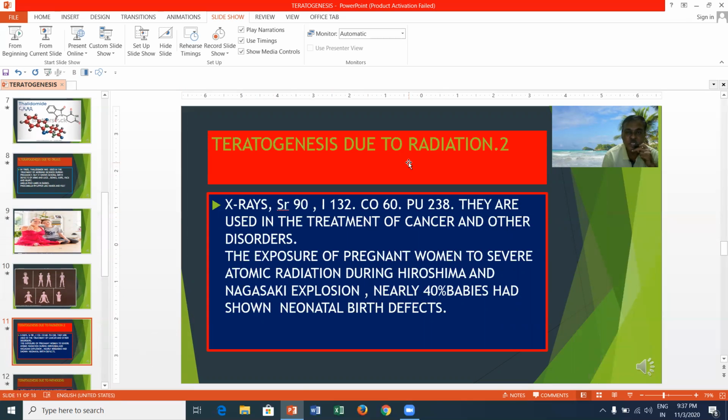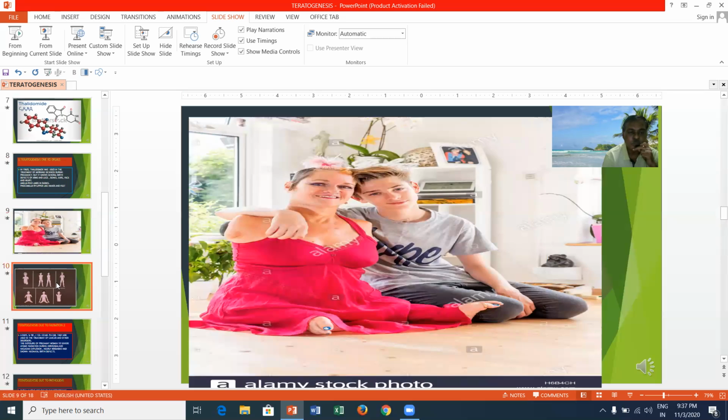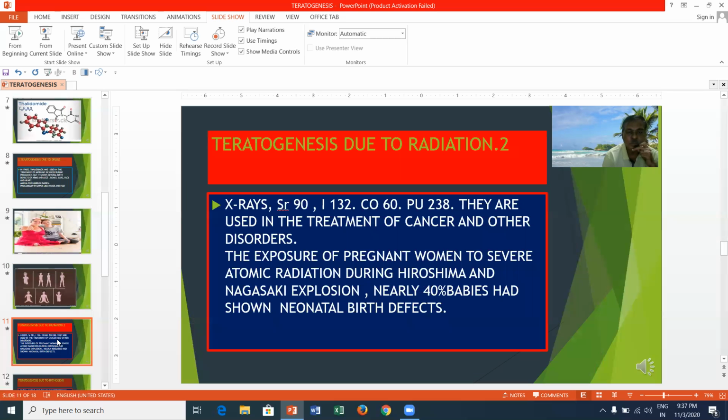The teratogenesis due to radiation. Here you can see X-rays, strontium 90, iodine 132, cobalt 60, plutonium. They are used in the treatment of cancer and other disorders.